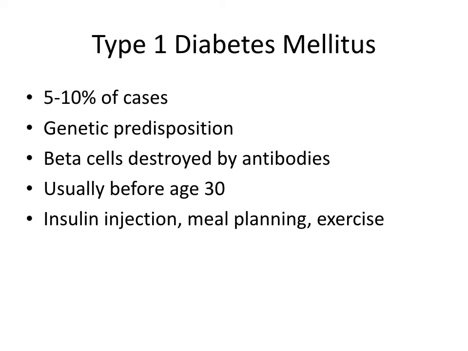Now, type 1 diabetes mellitus usually occurs before age 30, okay, usually. Because you have lost your beta cells, you have no personal source of insulin production. So type 1 is managed by insulin injection. Also, very careful meal planning and exercise.